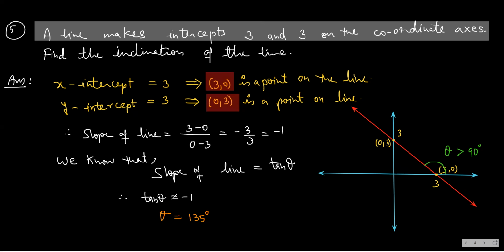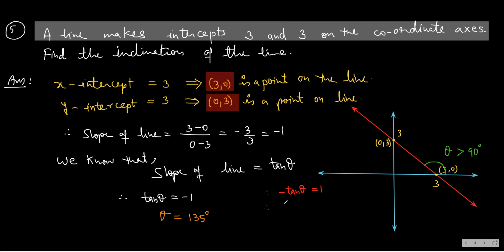See, tan theta is -1, right? So in the next step, I can write, therefore, minus of tan theta is 1. I'm shifting this negative sign here. Tan theta is -1, so minus of tan theta is 1. Next step, see, this is minus of tan theta.